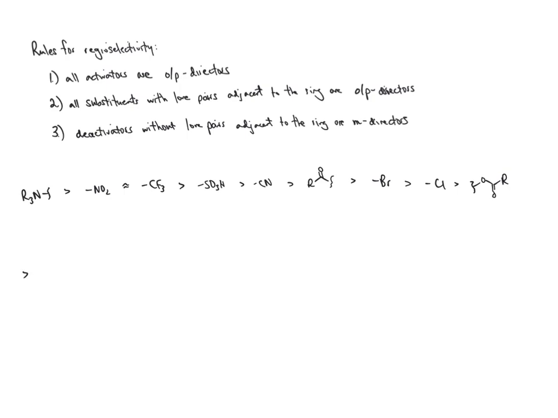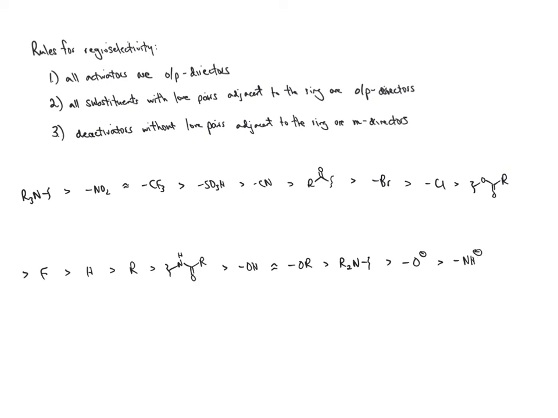Then we've got fluoro, then we've got hydrogen, there's our benzene. Then we've got the R group, alkyl group, then we've got the amide, then we've got the alcohol, which is about the same as the ether, OR. We've got then the dialkyl amino, then we've got the oxygen with a negative charge, and the nitrogen with a negative charge.